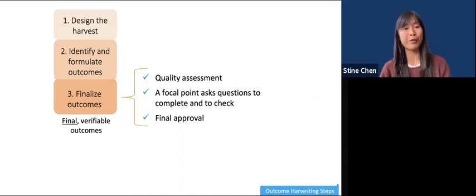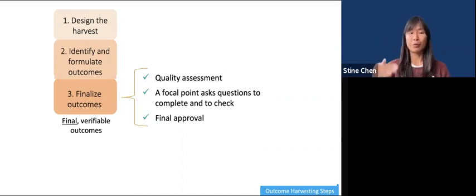This is a review phase where typically a focal point, who could be the MEL officer, reviews the outcome statements to check, okay, are there any questions that are still remaining, any information that is lacking in the statement.